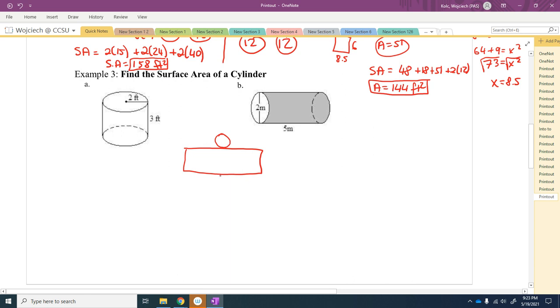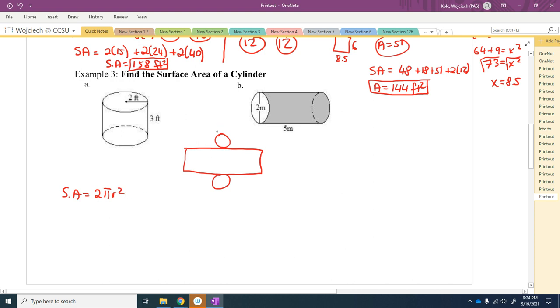Circle and a circle. In other words, if you fold it, you will get a cylinder. So a cylinder is made of 2 circles and 1 rectangle. Okay? And the formula for surface area is 2 pi r squared.